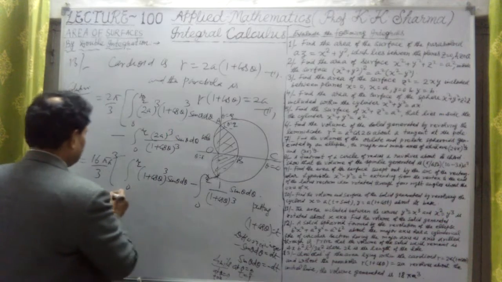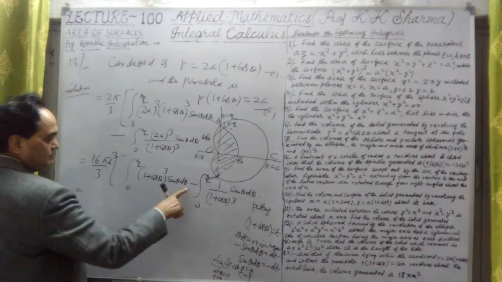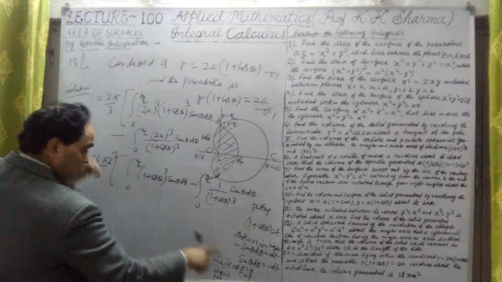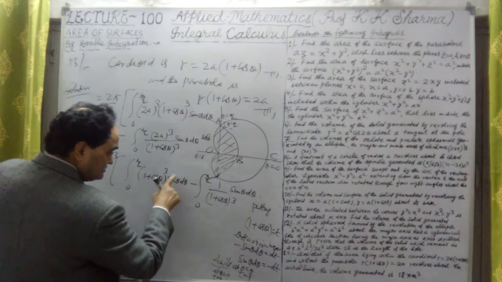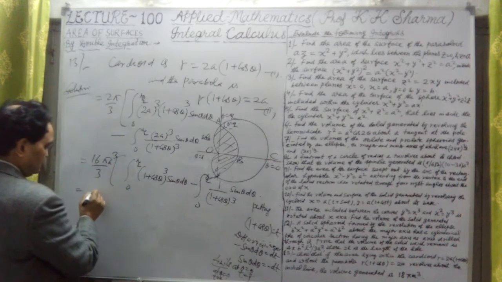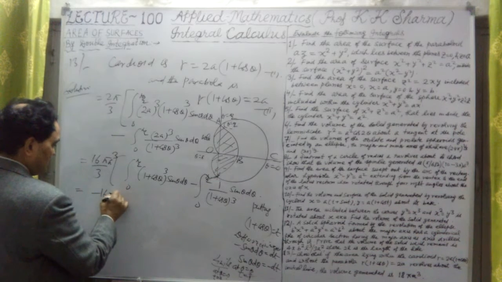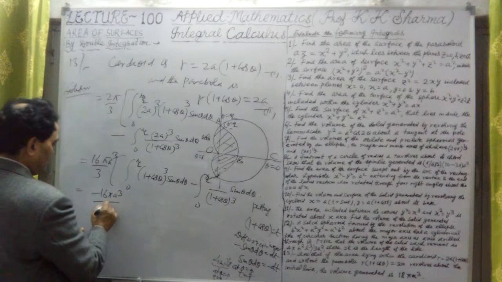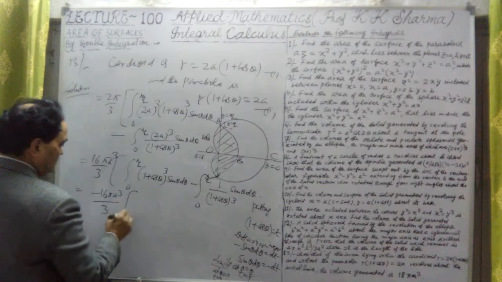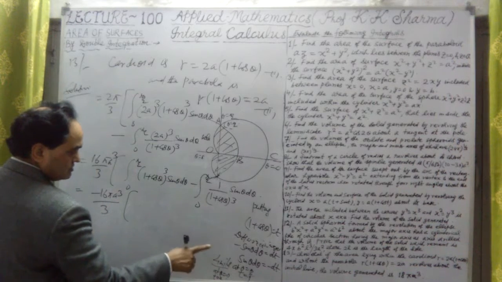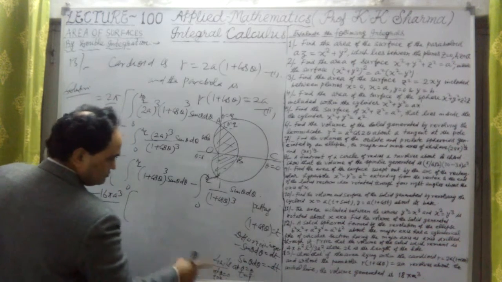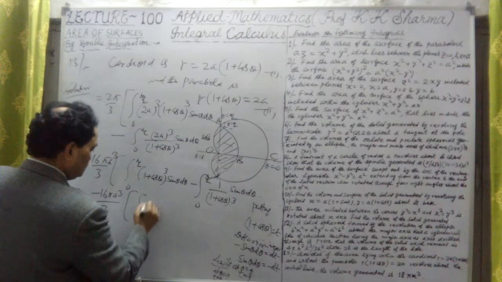This is with a minus sign here, because minus sin theta d theta is there. It is minus dt, which will give us minus 16 pi a cube upon 3. Now here the limits are 2 to 1.